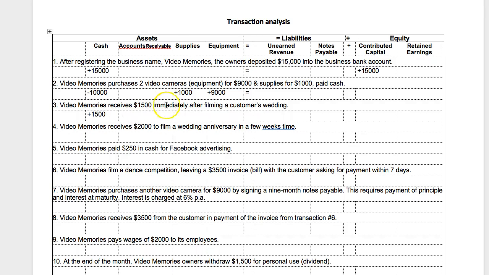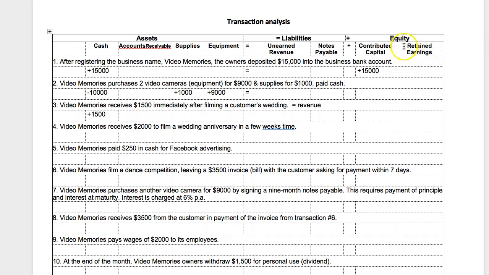Again, when you receive cash, you think, where did that cash come from? Why did we receive the cash? Because we've given the service to our customer. And every time you give the service to the customer, this means you have earned revenue. And so we're going to increase the revenue. Where do we put revenue?